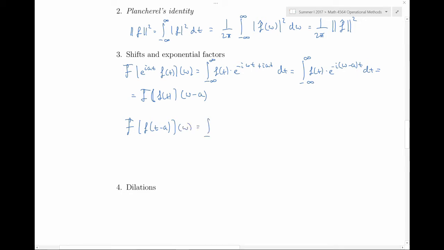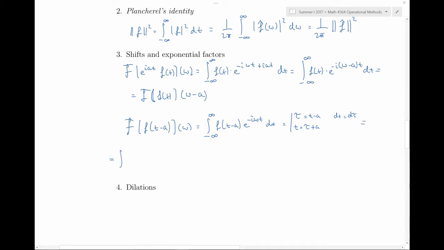Well, this is the same as integrating f of t minus a e to the minus I omega t dt, which is the same as integrating, after a change of variable, I'll say tau is t minus a, therefore t is tau plus a, and dt and d tau are the same, and since we're integrating over the infinite real line, t and tau will also have the same limits of integration.